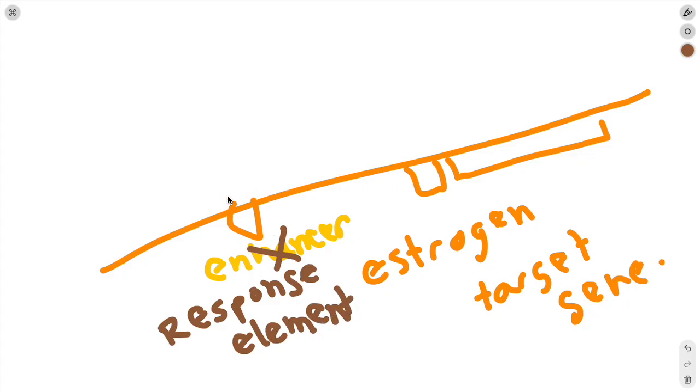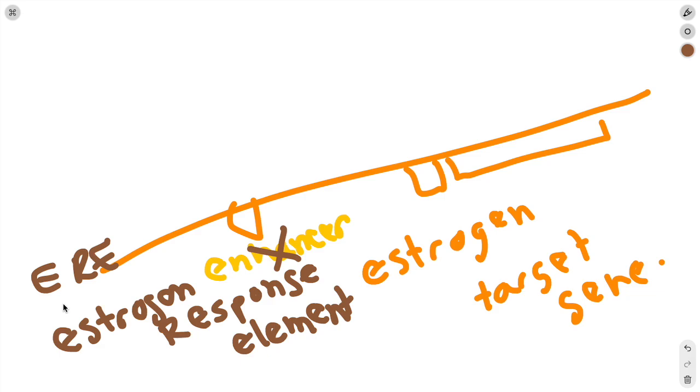Although it binds to the estrogen receptor, it's often referred to as an estrogen response element, because it's responsive to estrogen. Estrogen target genes have an estrogen response element, abbreviated ERE. That's where the estrogen receptor is going to bind.